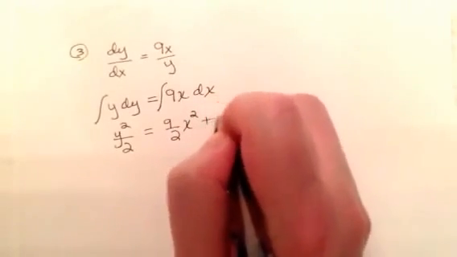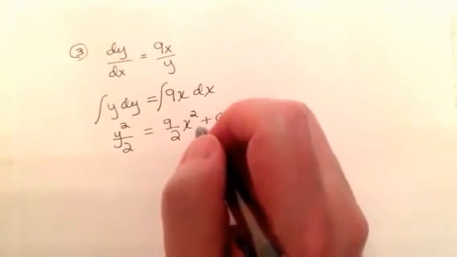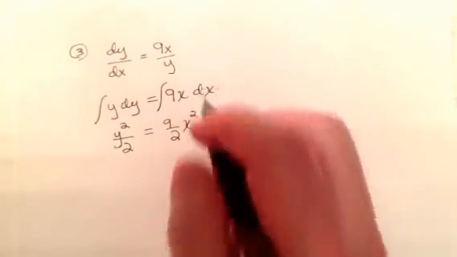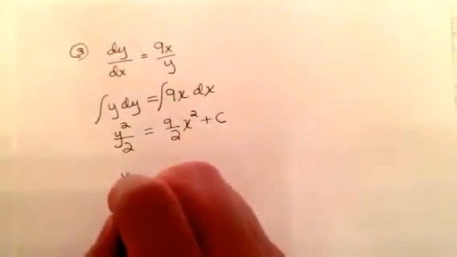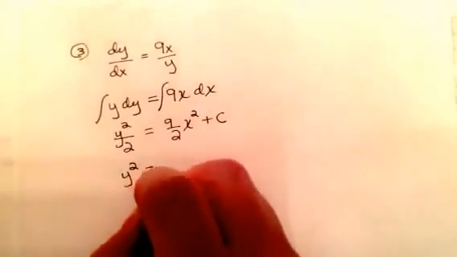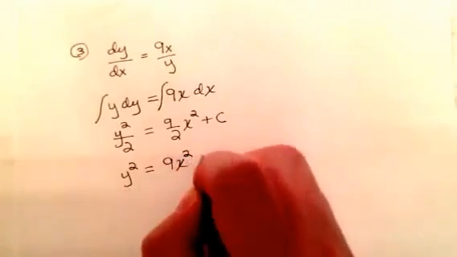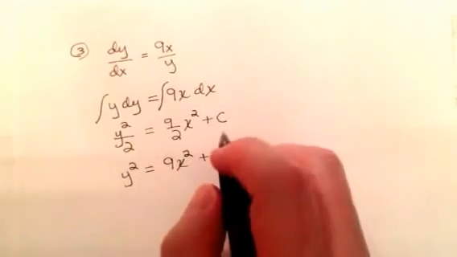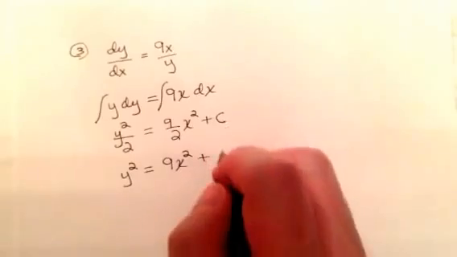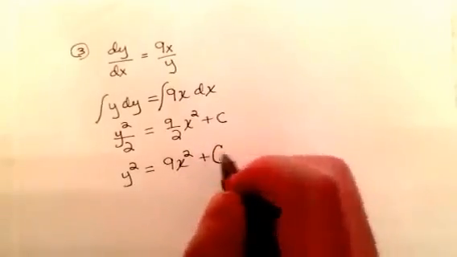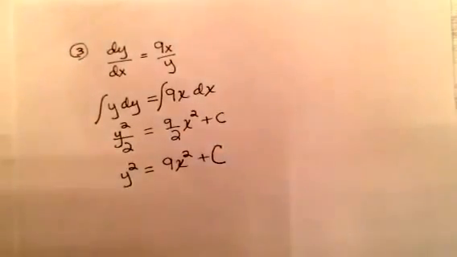x squared plus c. And as you look at multiplying both ends by 2 to free up the y squared, we have y squared is equal to 9x squared, and you can say plus 2c, but since 2 times c is a constant, we can keep c as a constant.